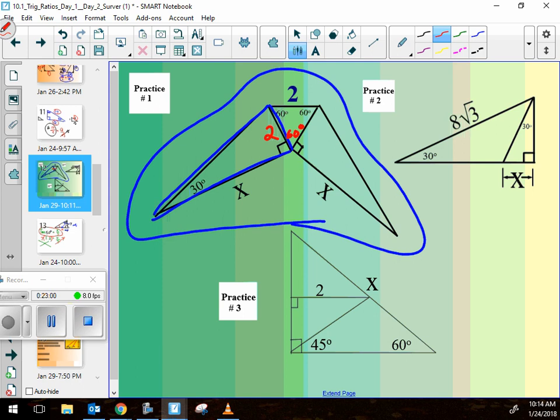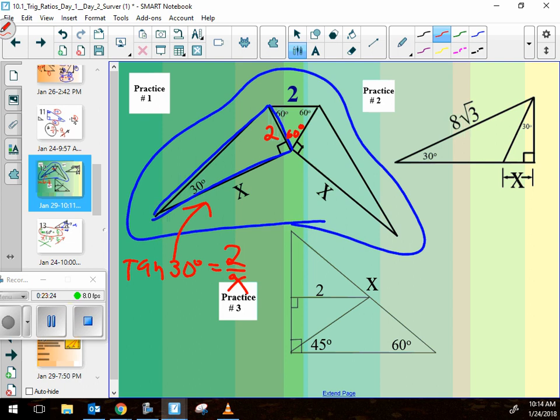And now we kick into the thing, how do you write that equation? So you go, is it sine, cosine, or tangent of 30? Tangent of 30. Because why? If these help you, you can put them in there. TOA. We had opposite over adjacent. And opposite side is 2 over adjacent side is x.